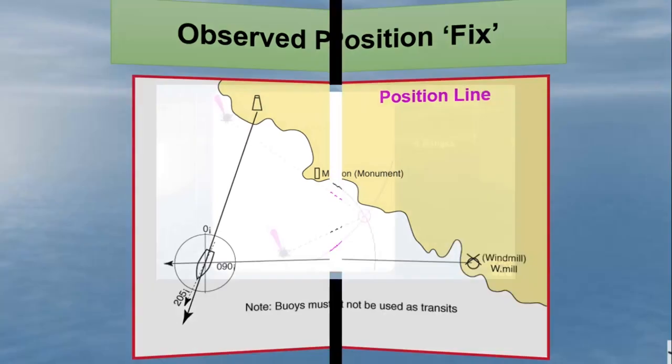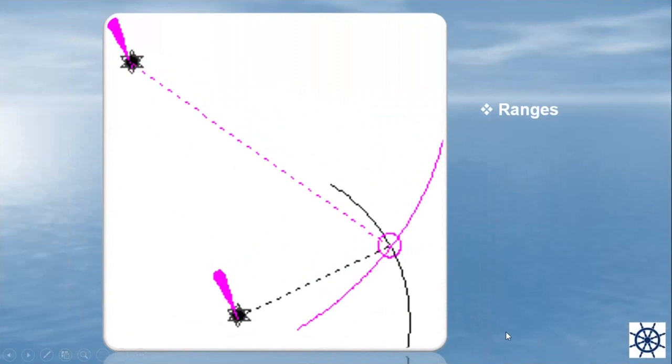No? Okay, ranges: when two fixed reference points using their ranges or their distances, and you make an arc on each point, then the intersecting of the two ranges will be the fix.